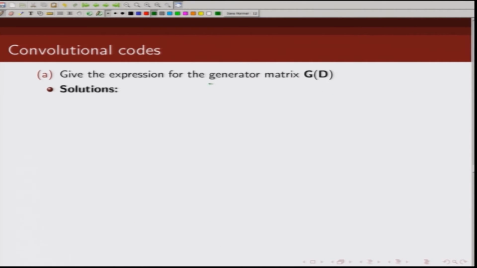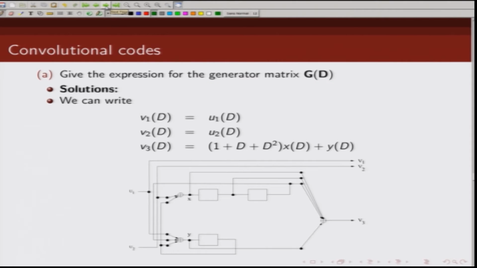The question that is being asked is, can you find the generator matrix corresponding to this encoder? So, how do we find the generator matrix? We know this is a relation between the input and the output. How these inputs are getting mapped to the output is governed by this generator matrix.